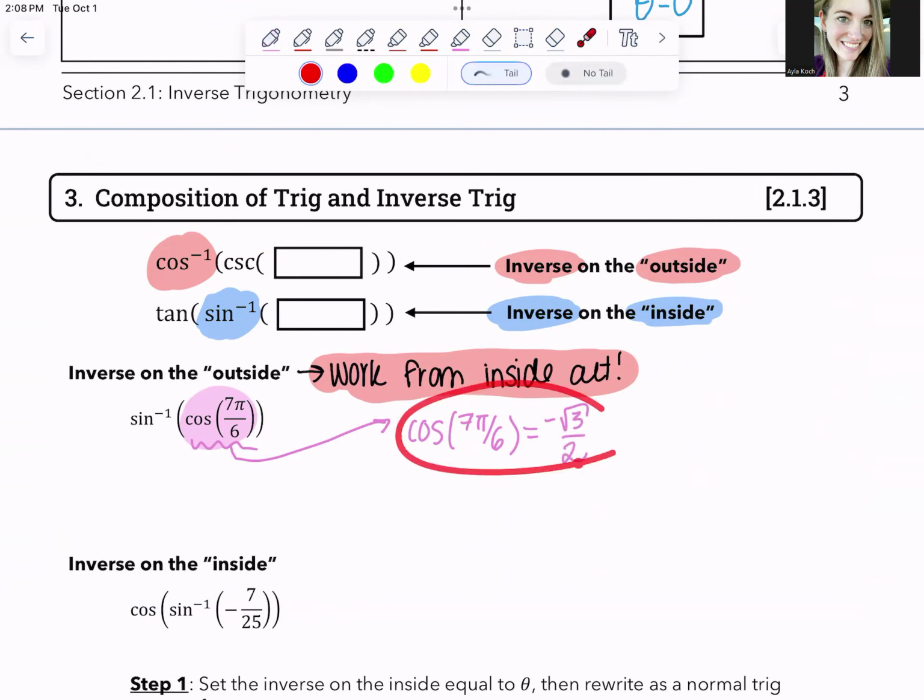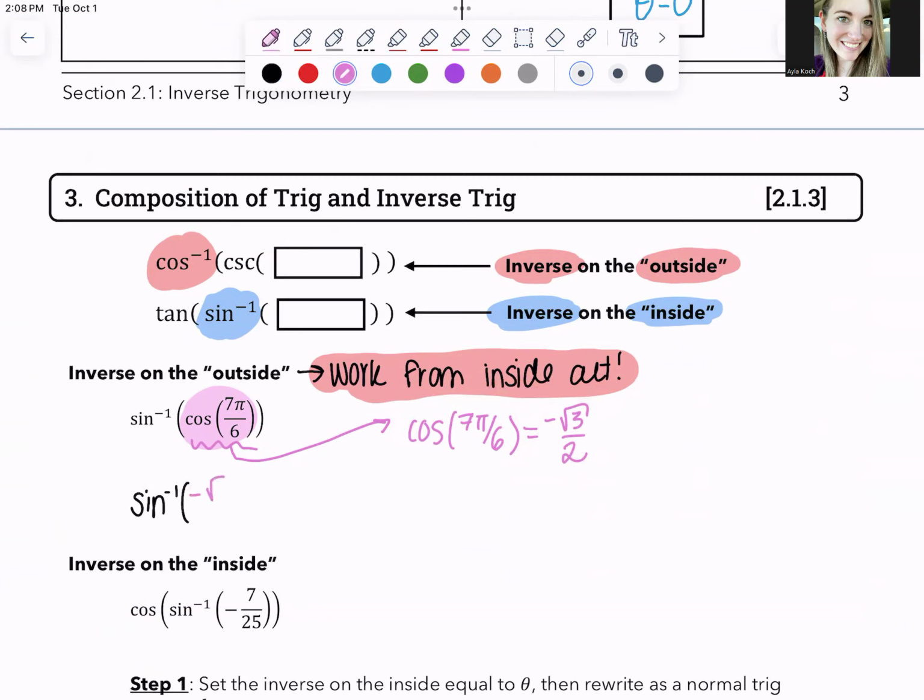Because these two things are equal, anywhere I see cosine of 7 pi over 6, I can put negative square root 3 over 2 instead. So I can rewrite this function as sine inverse of negative square root 3 over 2.